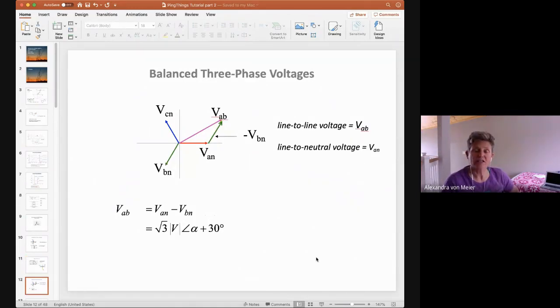And we can say, okay, the voltage between phase B and neutral is the difference between the voltage between phase A and B and the voltage between phase A and neutral. So we're applying Kirchhoff's law here graphically, and we can show the relationship between the line-to-line and the line-to-neutral voltages.